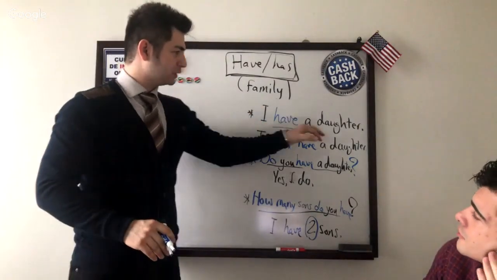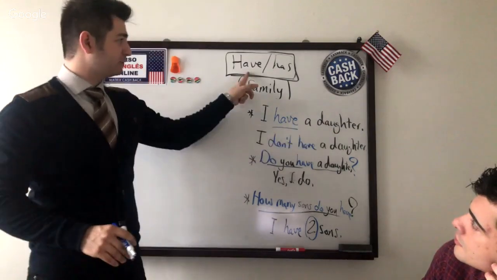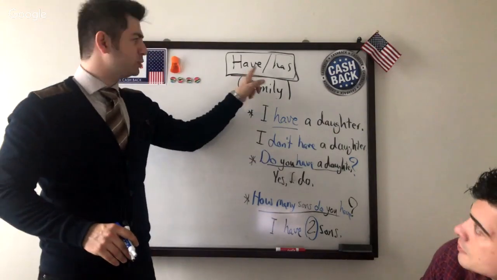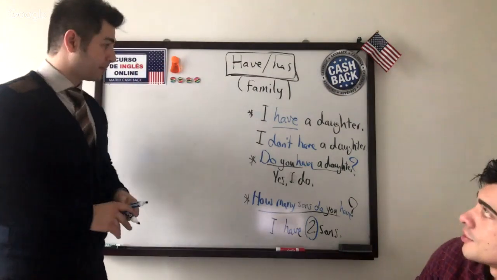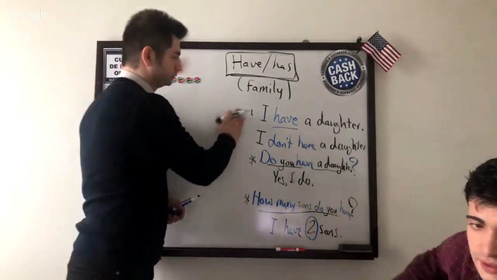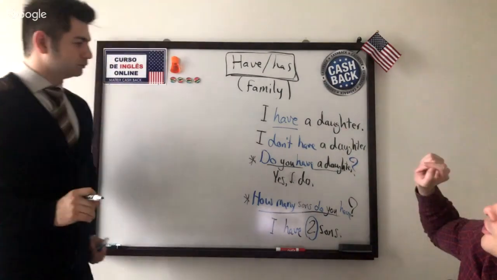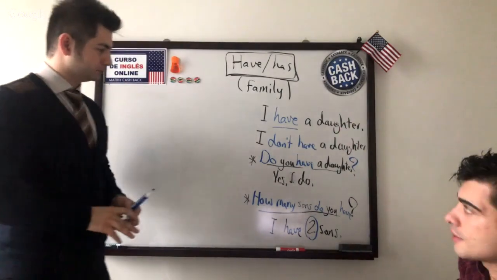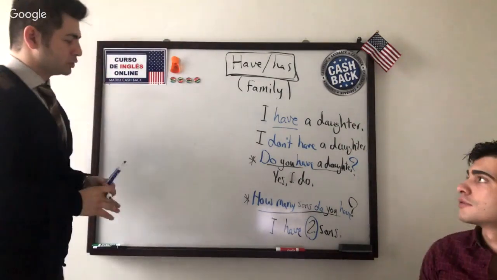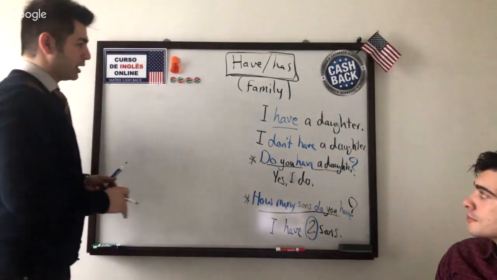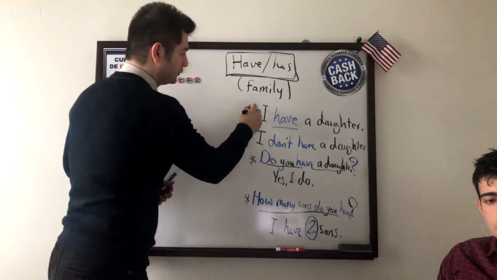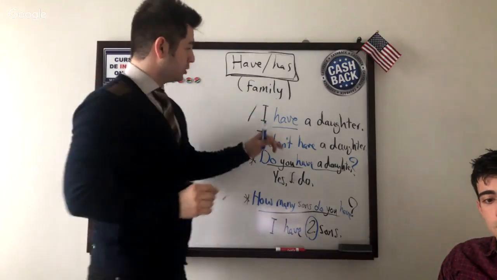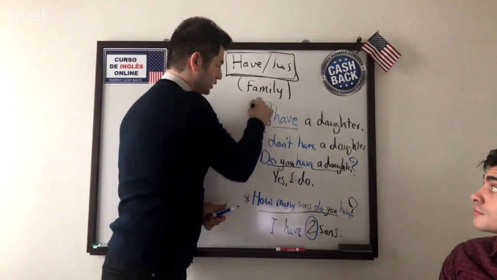I have a daughter. So here we have the verb have, but when do we use the verb has? Temos o verbo ter. E quando que nós usamos o verbo has, que também é ter? So some of you might already know, this is the subject of the sentence.